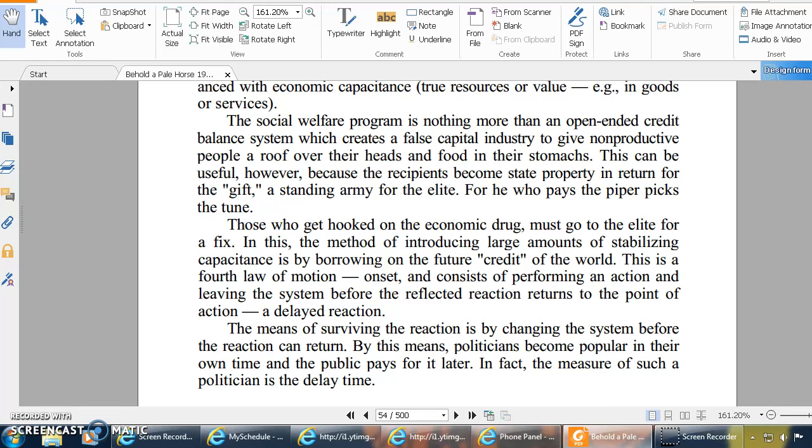A delayed reaction, the means of surviving the reaction, is by changing the system before the reaction can return. By this means, politicians become popular in their own time and the public pays for it later. In fact, the measure of such a politician is the delay time.